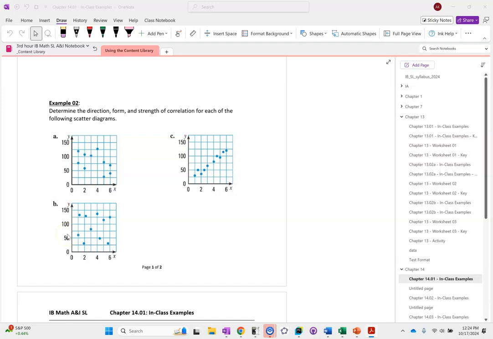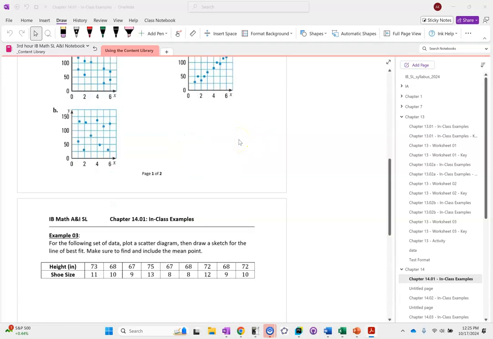Olivia? None. This doesn't look like there's any correlation here at all. If it's a none, that's it, right? C. Positive. Linear. Strong, or very strong even, I'd say. That's darn tootin' the line, right? Nobody's confused on that one.